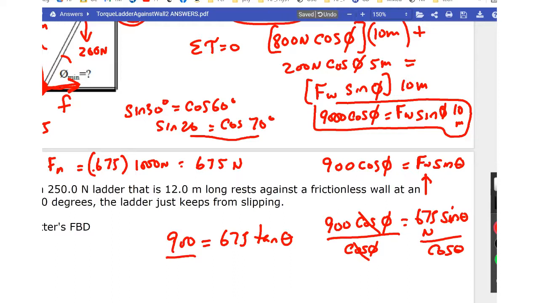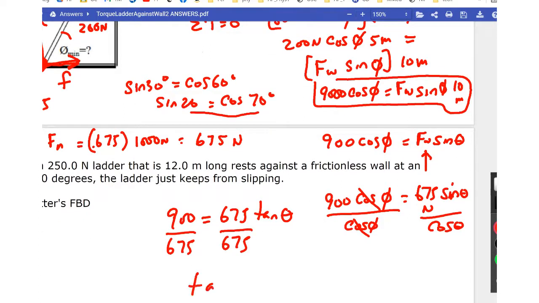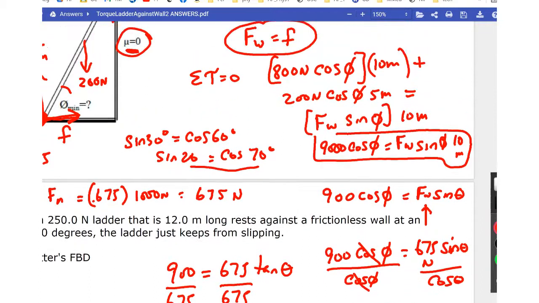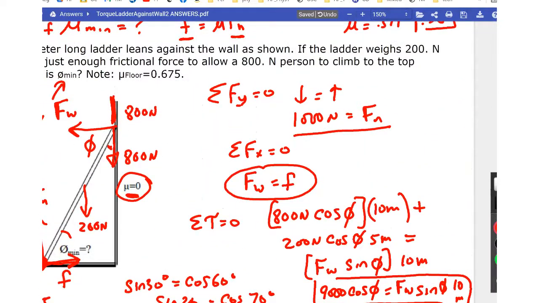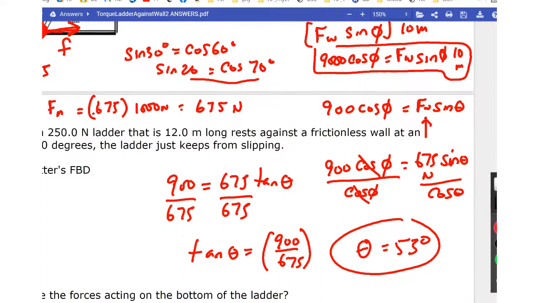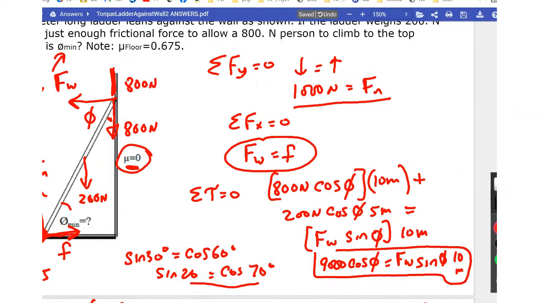Divide both sides by 675, and I can get my angle. So tan theta equals 900 divided by 675. Take the inverse tan, you're going to get 53 degrees. Is that angle that will, let's see, the angle, the minimum angle is what we want, theta min. Theta min.